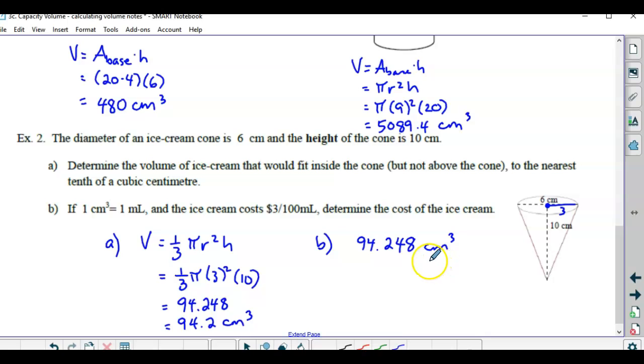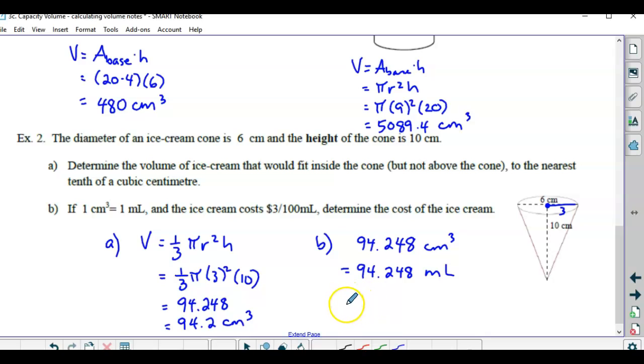And it says 1 centimeter cubed is the same as 1 milliliter. So that's telling us that that's the same as 94.248 milliliters. Then it says it costs $3 for 100 milliliters. Well, this is a little less. So your answer should be less than $3 for the ice cream here.